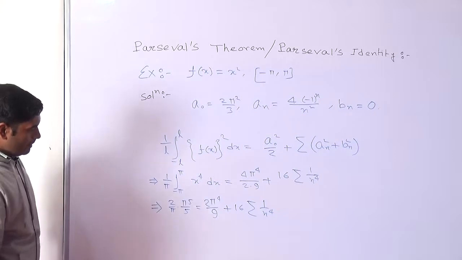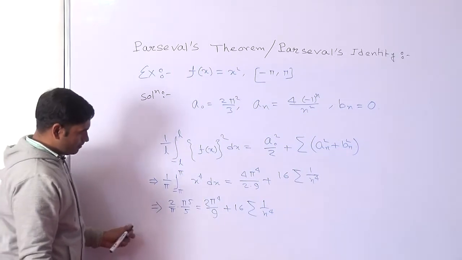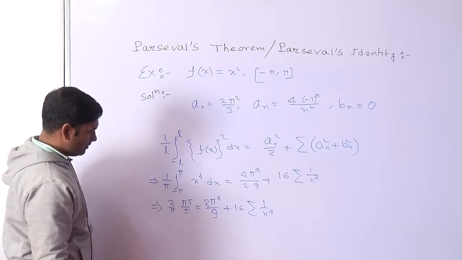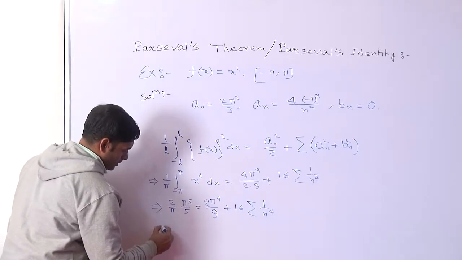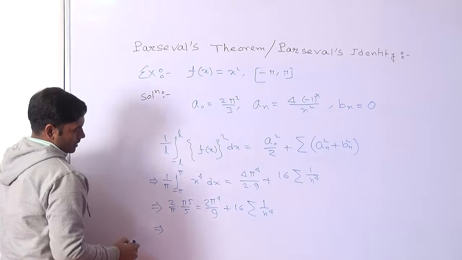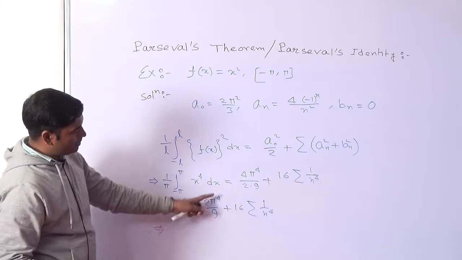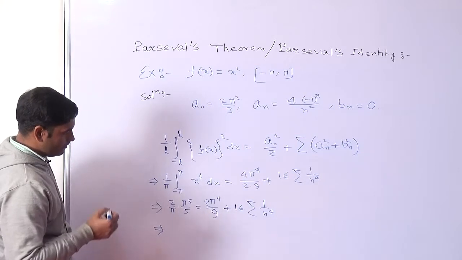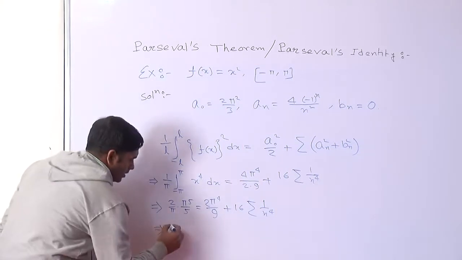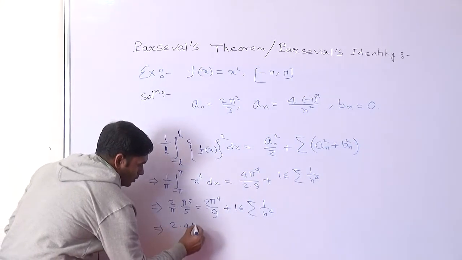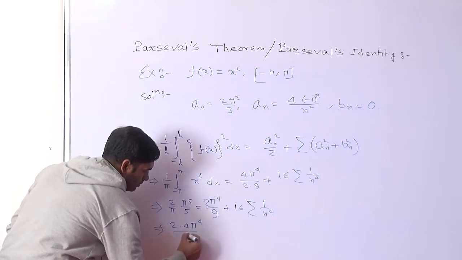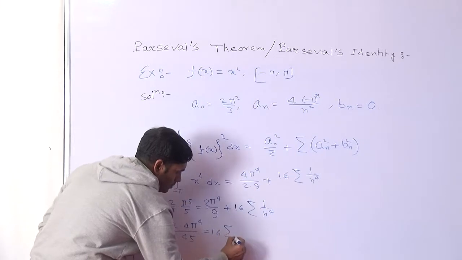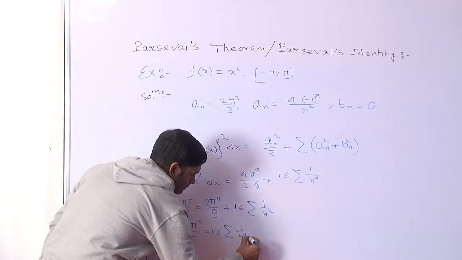Okay. Now this side it is 2π⁴/5 and 2π⁴/9 on that side. If we take that to this side, it will be 2 × 4π⁴/45 = 16 Σ 1/n⁴.